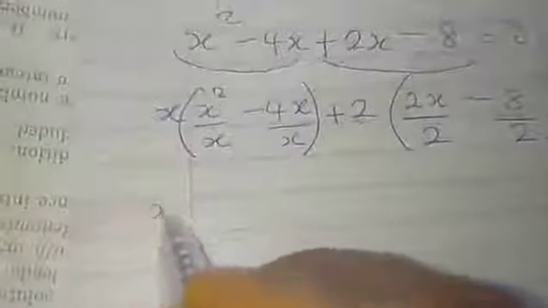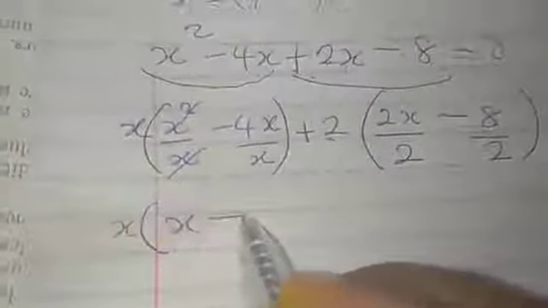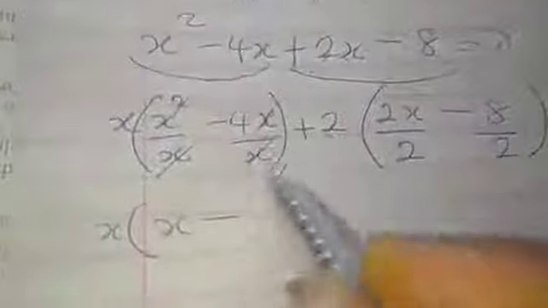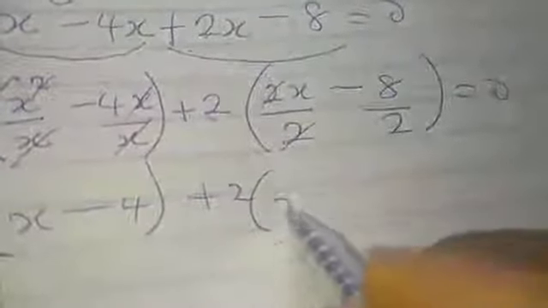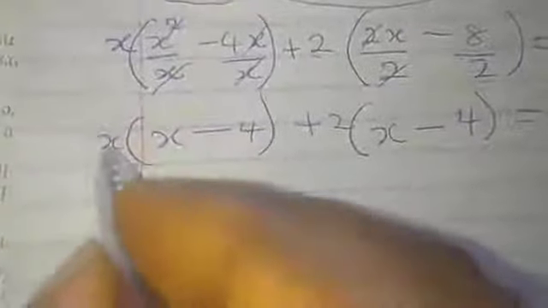2. So from that place, you have s into, s will cancel s squared, it will remain s, minus 4s will cancel s, it will remain 4. Then plus 2 into 2 will cancel 2. It remains 2s minus 8 divided by 2, that is 4. This is equal to 0. Here we now have s, you take this, s, you take this, plus 2.